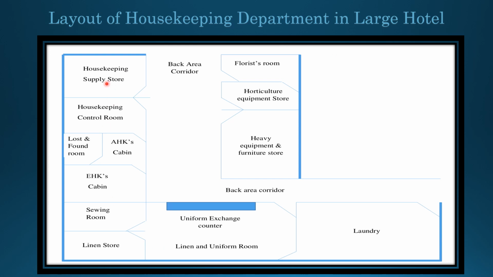In this entire area, housekeeping supply storeroom, housekeeping control room, lost and found room, assistant executive housekeeper cabin, swing room, linen store, linen exchange counter, linen and uniform room, a bigger space for laundry, corridor space, florist room, horticulturist equipment store, heavy equipment and furniture storeroom.